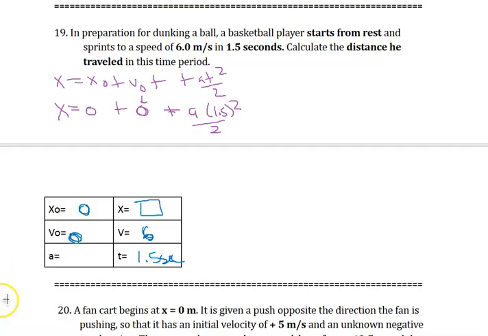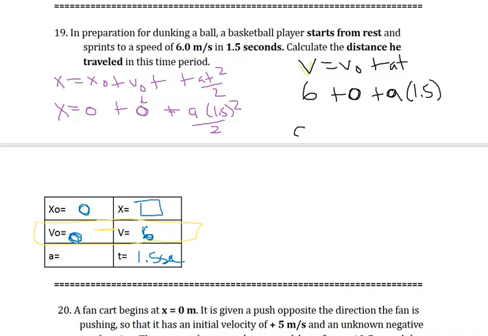So the hint using the physics Sudoku is that this row is complete, right? We've got V final and V initial. So that's a hint. These hints don't always work, but that's a hint that let's use the velocity function. So my output of the speed velocity function is 6. I started at rest. And when I'm looking for my acceleration times 1.5.